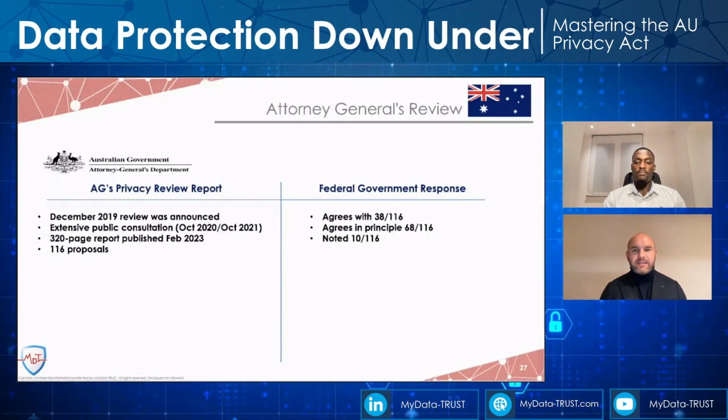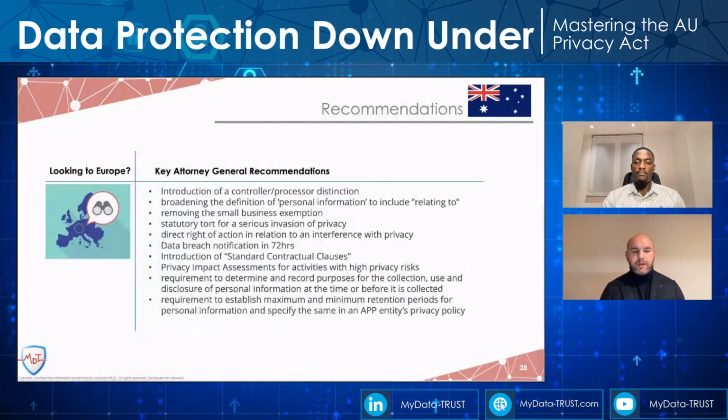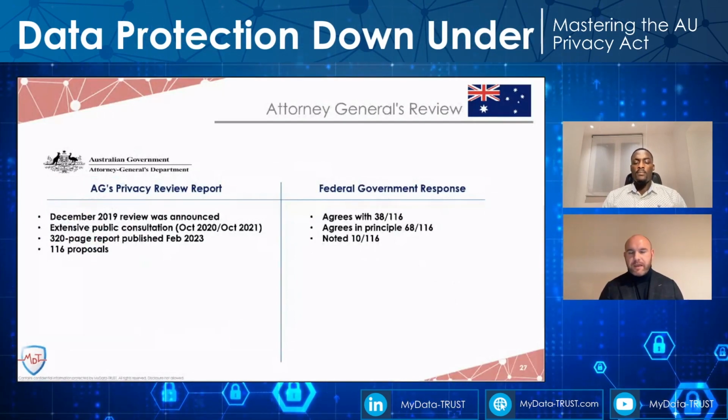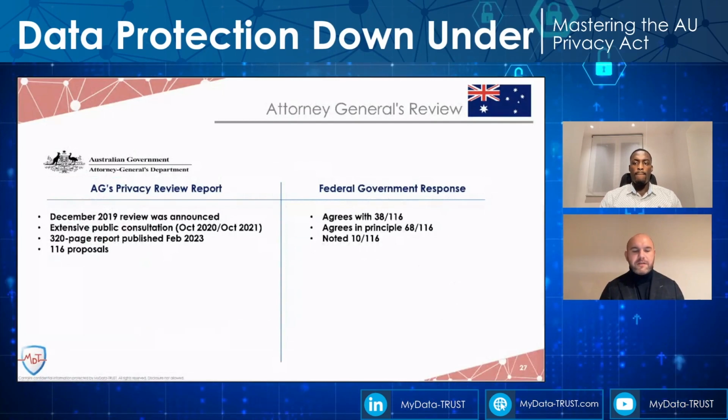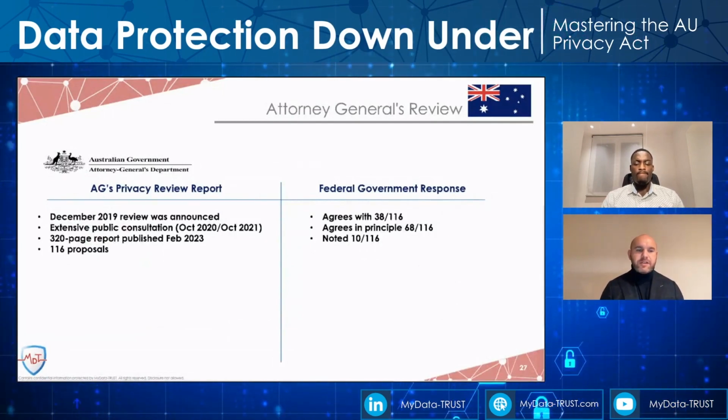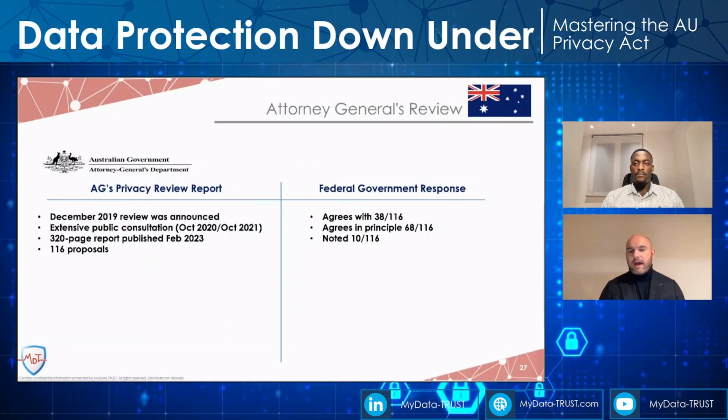This ultimately led to a fairly extensive report at the start of this year in February, which is over 320 pages, in which the Attorney General's office has proposed 116 substantial changes to the current legislation.